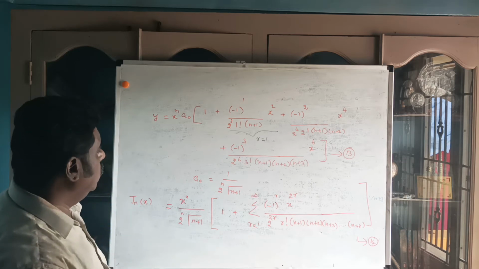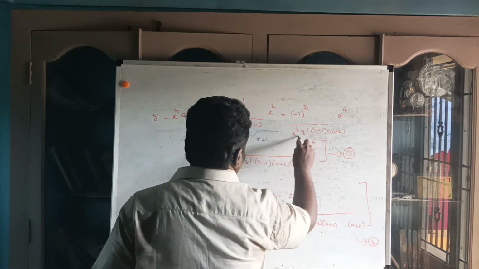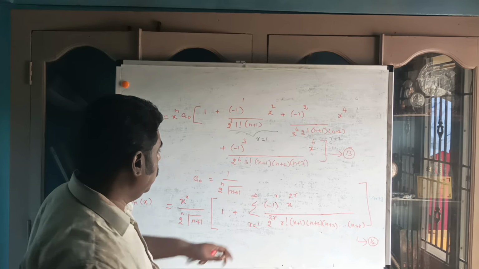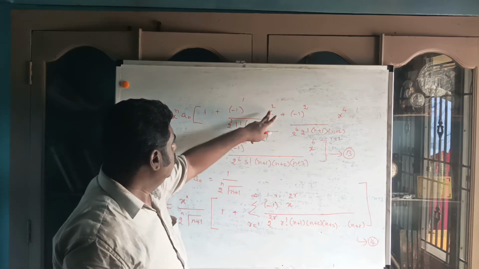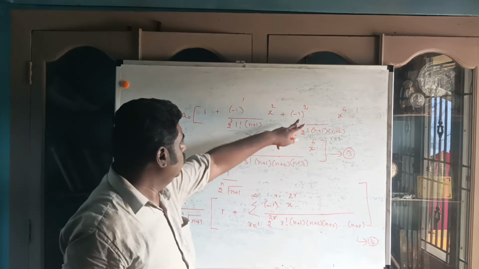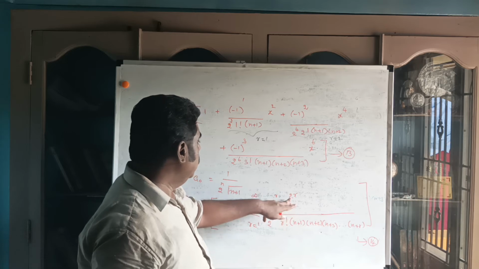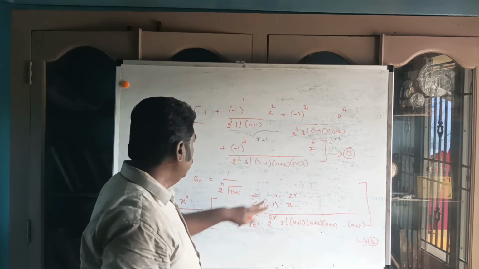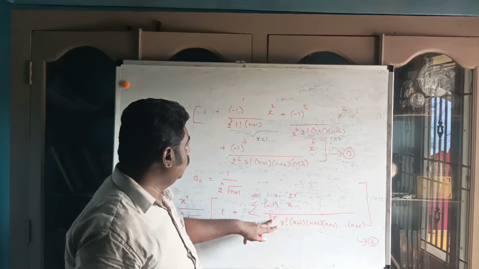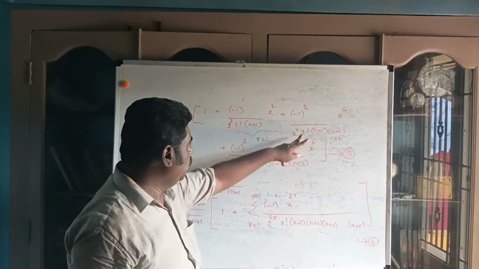Put r equal to 2, we can get the second term. This term is arrived at by putting the value of r equal to 2 in this expression. If you put r equal to 2, minus 1 square, which is minus 1 power 2, this term. Then x power 4, 2 power 2 into 2, 2 power 4. R factorial, if you put r equal to 2, we get 2 factorial.